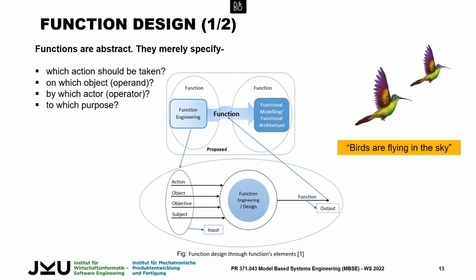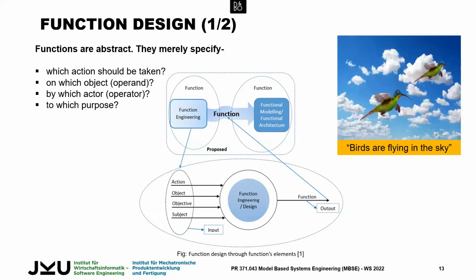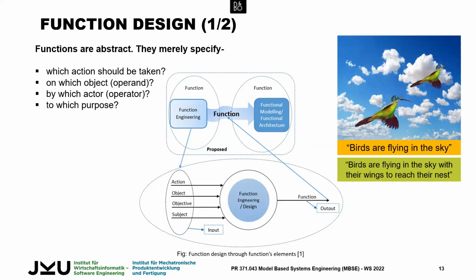No. So we should bring the sky, right? But according to this proposition, this is not really the right sentence. So I think birds are flying in the sky with their wings. It is quite explicit for us. The birds are flying with their wings.